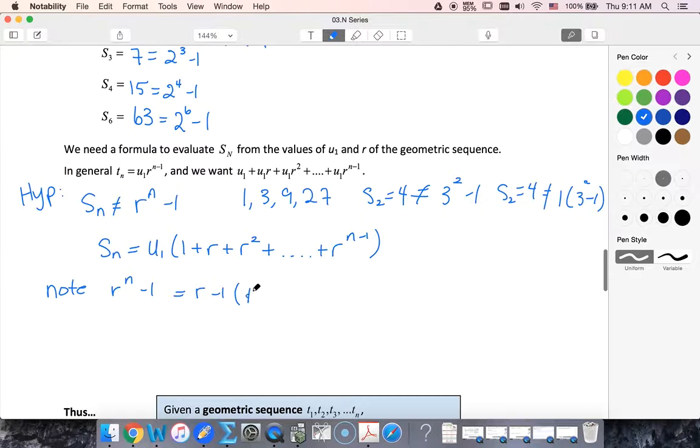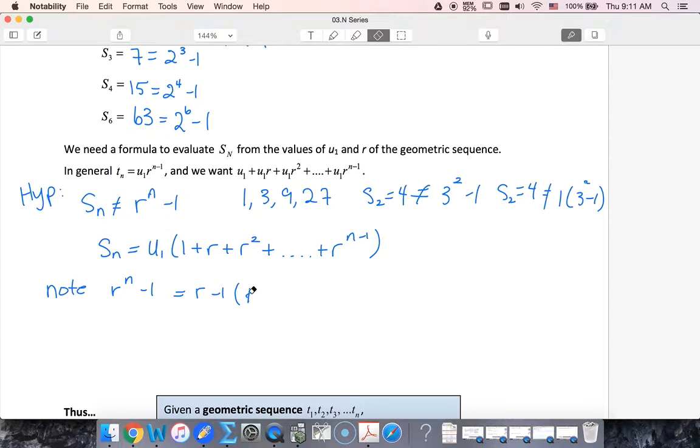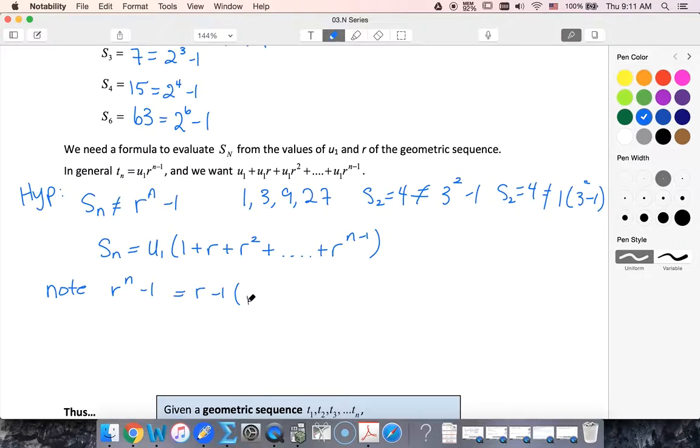Generally we would say r to the n minus 1 is normally the order we would put it in, plus r to the n minus 2 plus, and we would continue all the way down until we got to r squared, r, and 1. Maybe you knew, maybe you didn't know, but this is the way we factor r to the n minus 1. So now I've got my u1 times this.